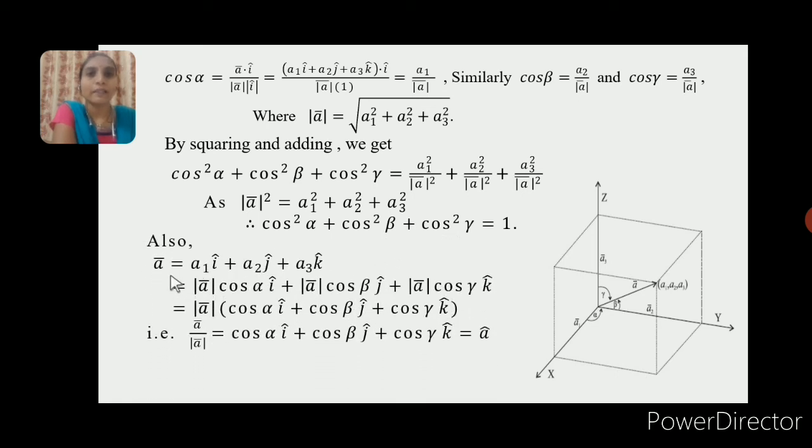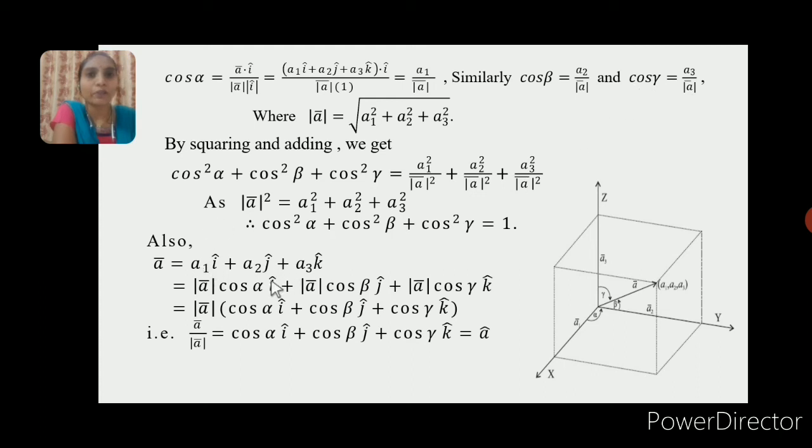Also a bar is equal to a1 I cap plus a2 j cap plus a3 k cap. See here, a1 is equal to magnitude of a bar into cos alpha. Similarly a2 is equal to magnitude of a bar into cos beta, and a3 is equal to magnitude of a bar into cos gamma.